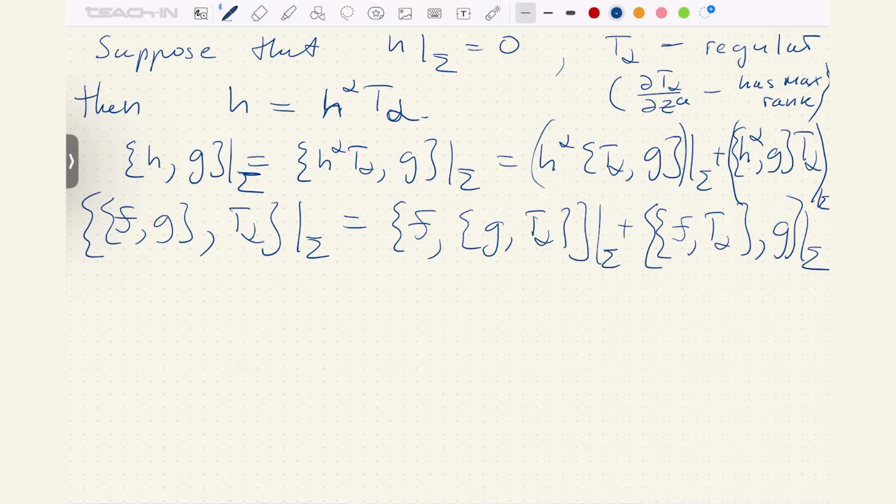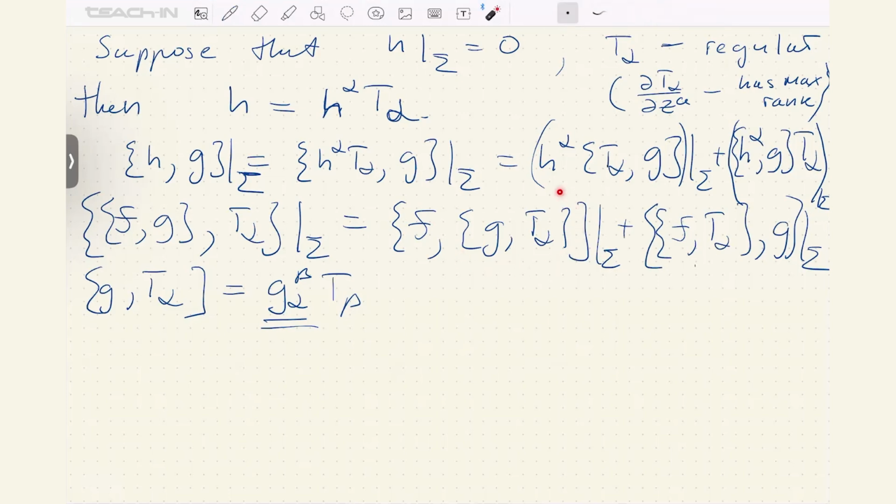But as we saw, g with T alpha, because g is a Dirac observable, vanishes on sigma, and hence this quantity can be represented as g alpha beta T beta for some functions g alpha beta. And of course the same here. But you see, after replacing g with T alpha with this, we get exactly this type of expression. And we know that this bracket vanishes on sigma because f is also a Dirac observable.